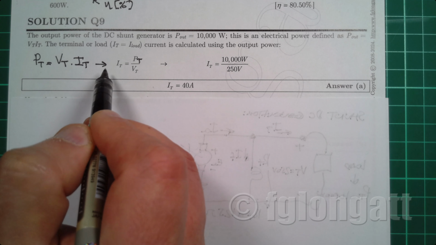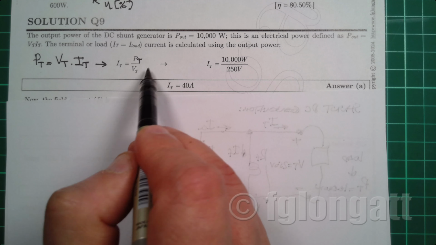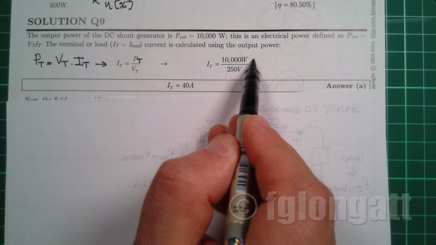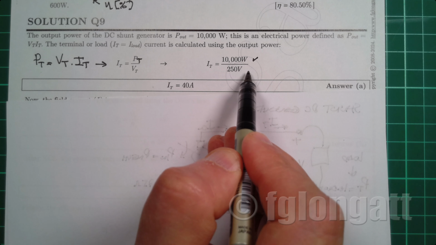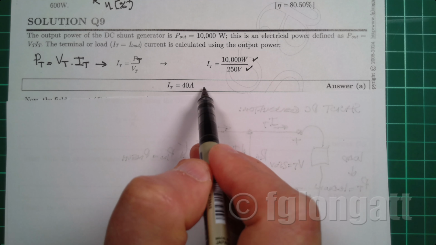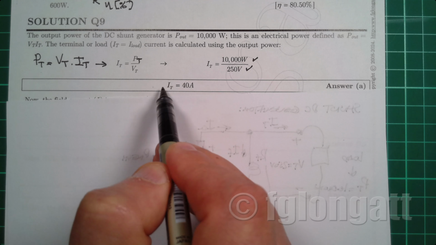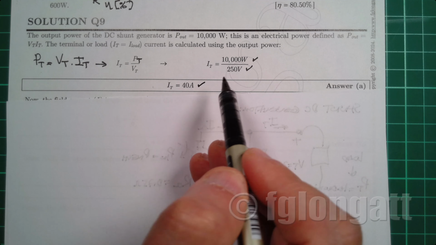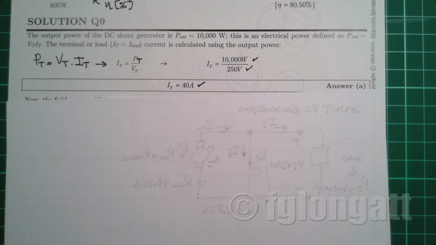From there, we can extract the terminal current, which will be power divided by voltage. In this case, 10,000 watts is the nominal power, and the nominal voltage is 250. So as a consequence, as you can see over here, the terminal current is only 40 amps.